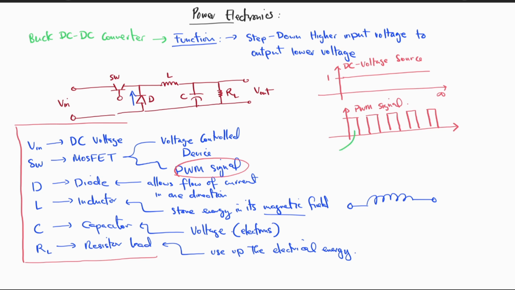And to fully understand, this portion is called the on state and this portion is called the off state. And we know that the frequency of a PWM signal is equal to 1 over the period. A period is the time taken to complete one full cycle. And from this graph, if we start from here and end here, this becomes our period.